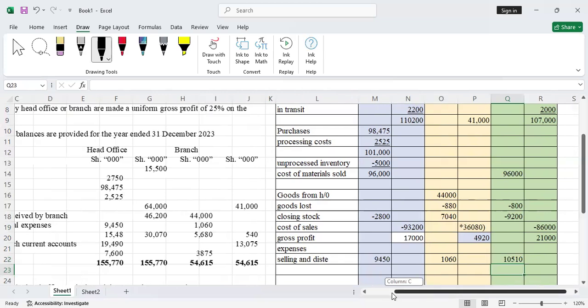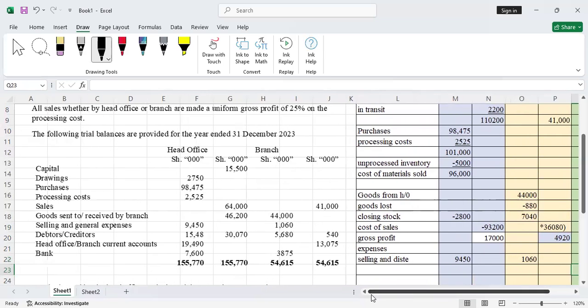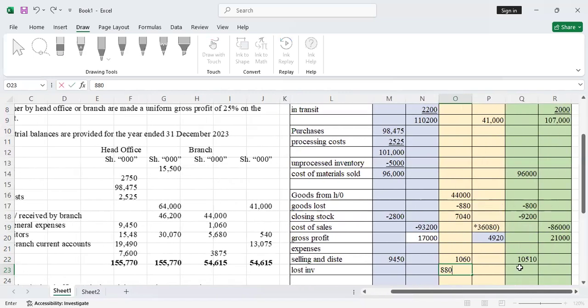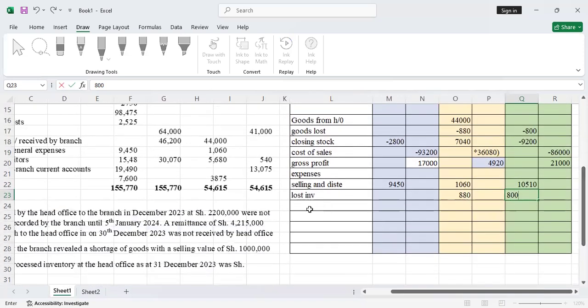Next expense: lost inventory. The branch lost, you remember, the 880, and that to the combined business was 800. Remember that working. And then provisions for unrealized profit.